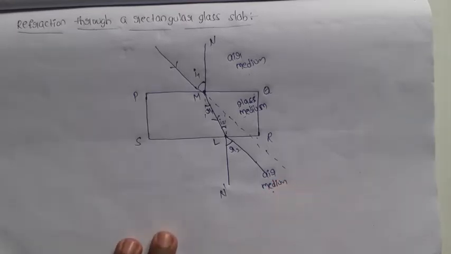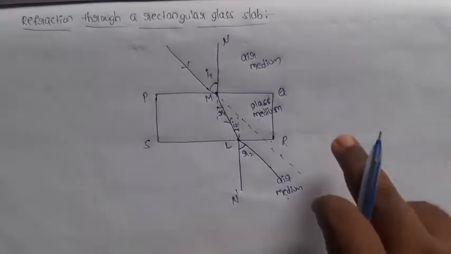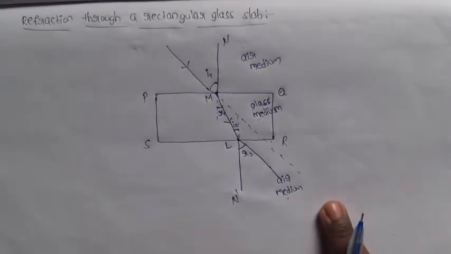The first law says that when light travels from one medium to another medium, it travels bending. The second law says that the ratio of sine of angle of incidence to sine of angle of refraction is equal to a constant. That constant we named as the refractive index.